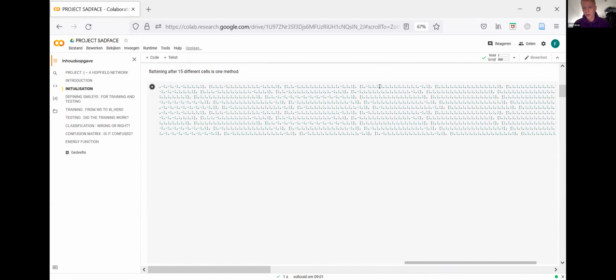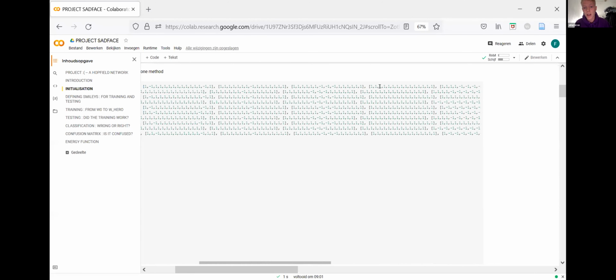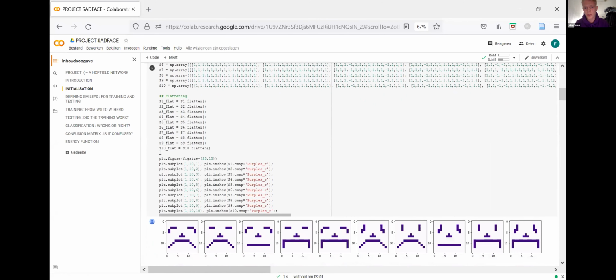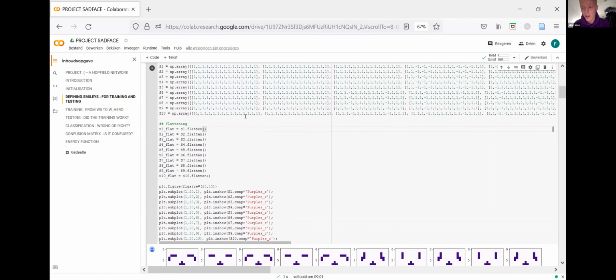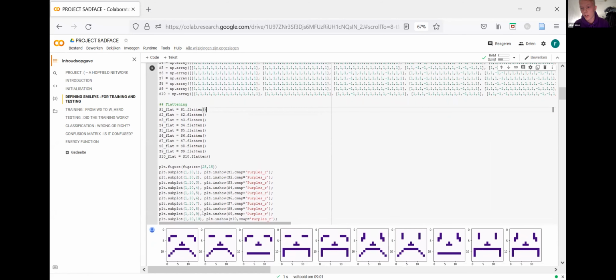The output this gives is one of the smileys, and we made 10 of them. To use them, we had to flatten them, which is the first method to create a vector. As you can see, these are the first 10 sad faces, one of which will be the trained version, so it will be put in the network as training, and the rest will be shown as a testing mechanism.